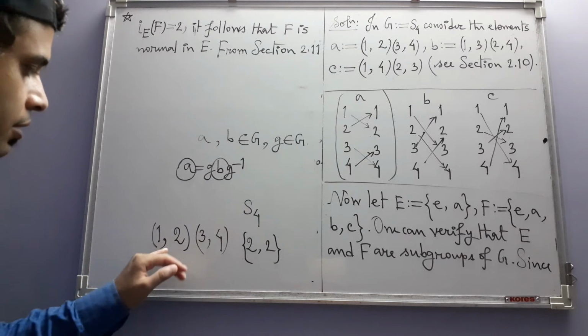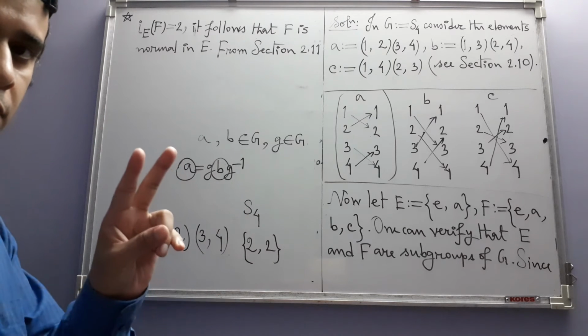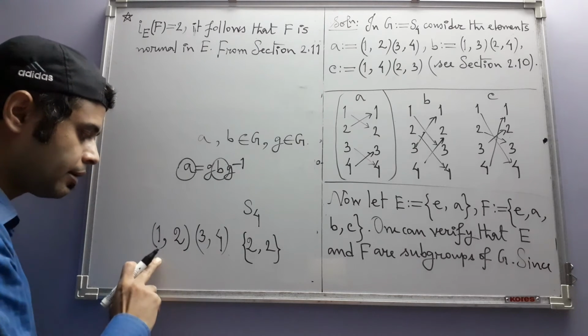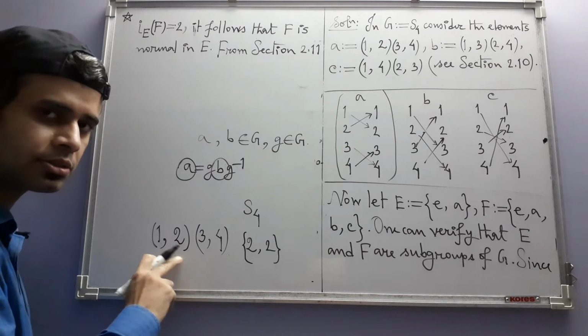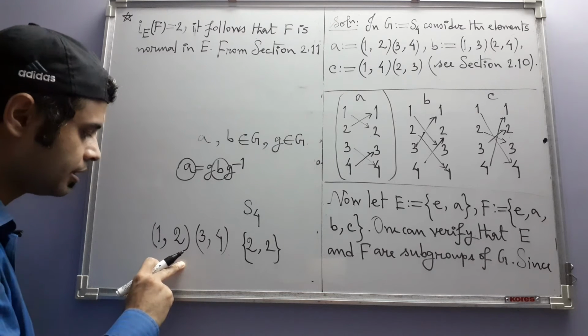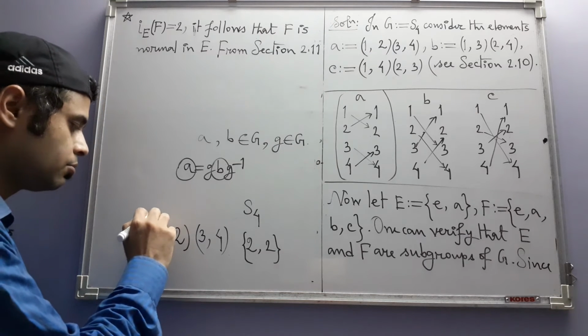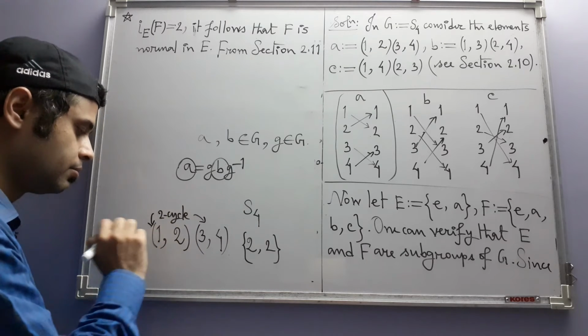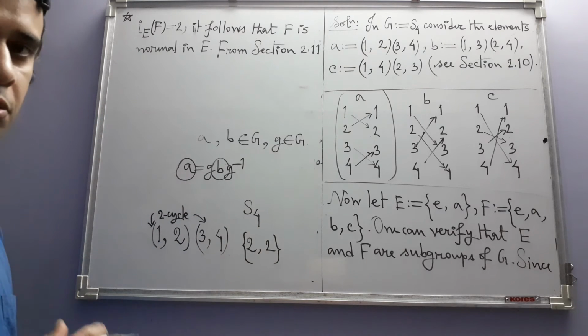This permutation is a product of two cycles. The length of a cycle is the number of symbols appearing in the cycle. This is a 2 cycle, and so is this one. So here the structure is 2, 2.